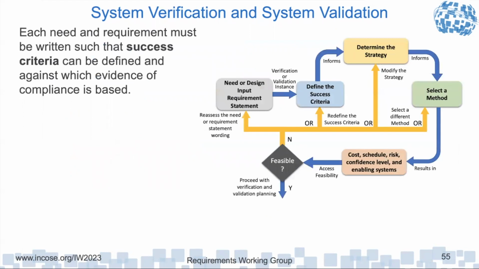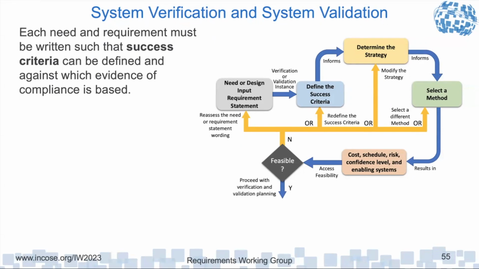And it's important that when we're going through this, there's a thought process. So we have the need or design input requirement statement, which, like I said, represents the verification and validation instance. We define the success criteria. From that, we define the strategy, select a method. But then we need to go through and look at the cost, schedule, risk, confidence level, enabling systems required based on what we just decided, and we need to assess feasibility.